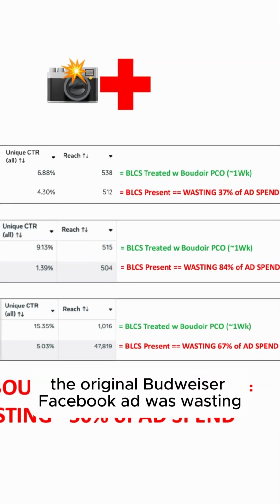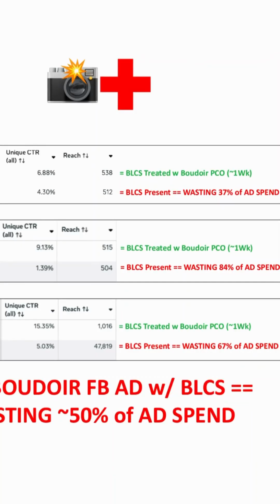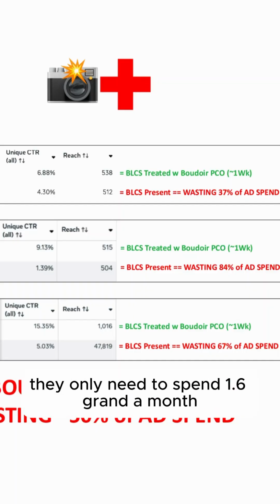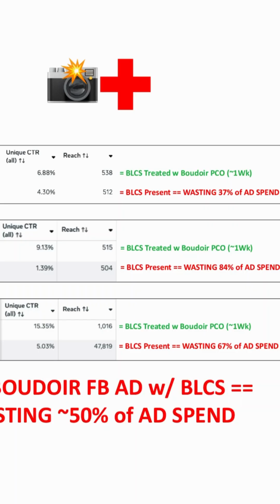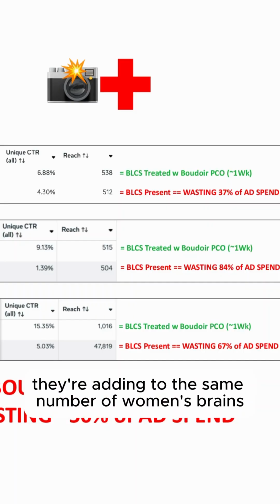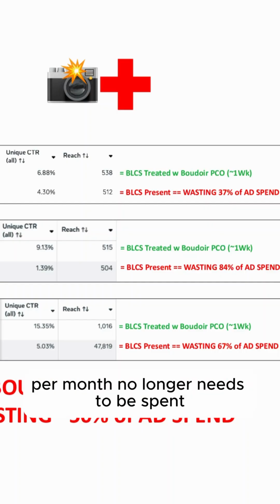So we found out the original Boudoir Facebook ad was wasting 84% of its ad spend. So if they're spending 10 grand a month on the original Boudoir Facebook ad, now they only need to spend 1.6 grand a month on the Boudoir Pico treated Facebook ad in order to get their ad into the same number of women's brains in both scenarios. So 8,400 bucks per month no longer needs to be spent.